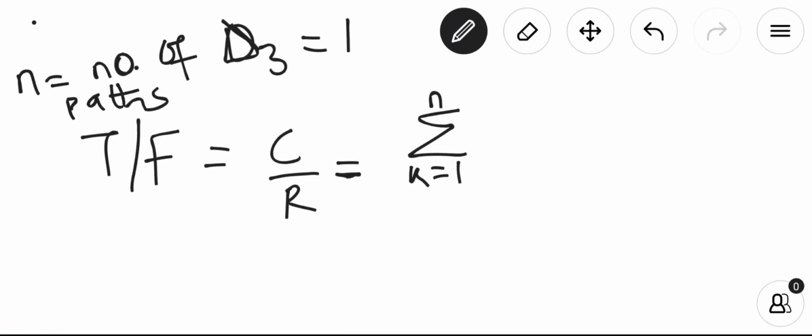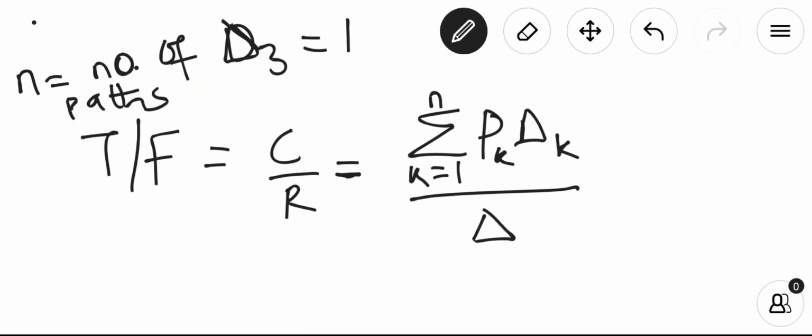So we have 3 paths. From the formula, I told you Tk, but I used P. You can use any variable of your choice, T is for transmittance. I used P, so we can use Pk here and delta k over delta.